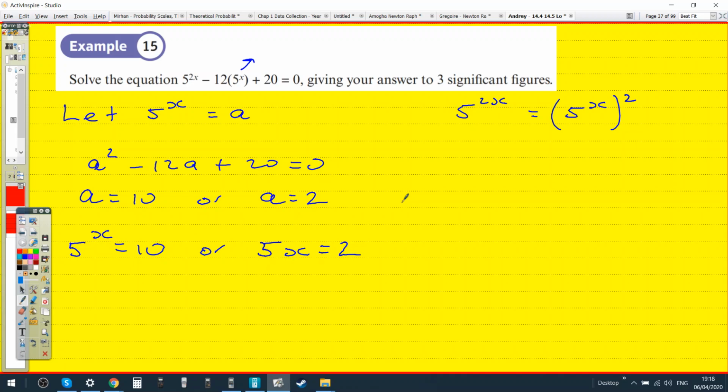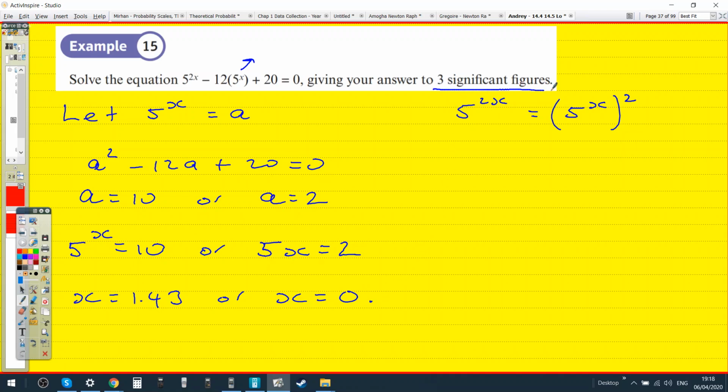I can just put this into my calculator, can't I? Yep. So I got x is equal to 1.43 or x is equal to 0.43.